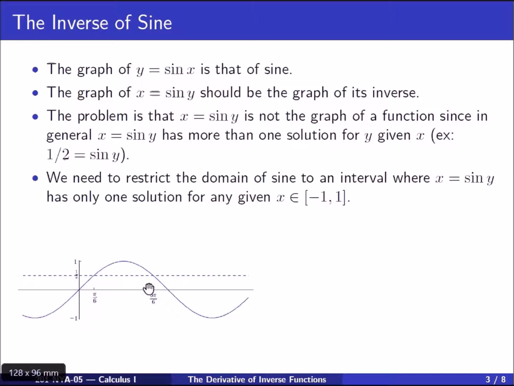Furthermore, we want the equation to have a solution always for any value of x between -1 and 1. So we need to choose a portion of the curve that covers any value between -1 and 1 on this y-axis, and where any horizontal line will intersect it in only one place. Try to think which part of the curve would work out.